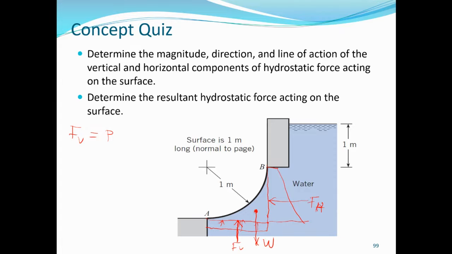The area of the curved surface is 1 meter by 1 meter, because from here to here the radius is 1 meter, and then normal to the page you have 1 meter.